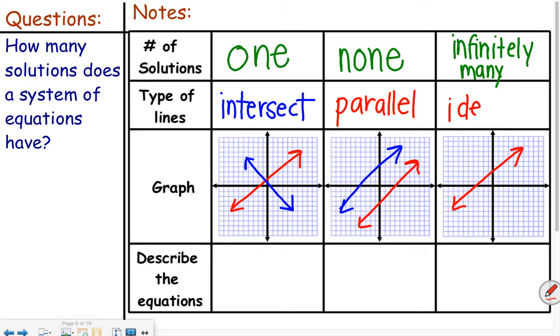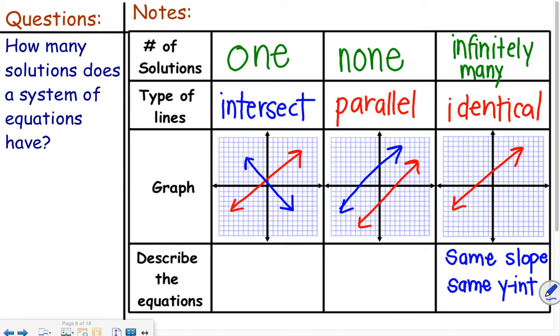All right, so let's talk about the equations for these lines. Let's go over to the identical one first. If 2 equations make the same line, they have to have the same slope and the same y-intercept because they're the exact same line.